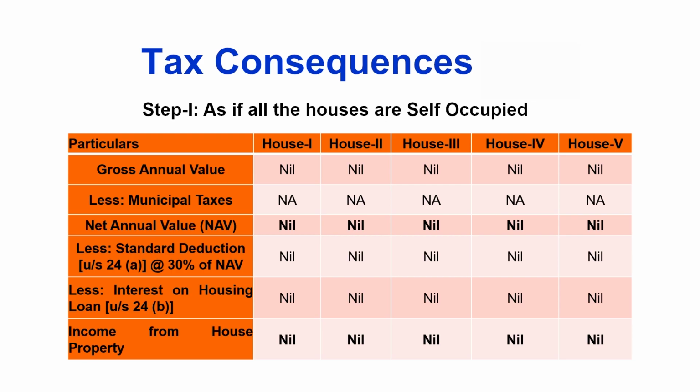Now standard deduction under section 24 subsection A, that is 30% of net annual value, is 0 for all the houses. Eligible deduction under section 24 subsection B, that is interest on housing loan, is nil for all the houses. Finally, we got income from house property for house 1 nil, house 2 nil, house 3 nil, house 4 nil, and house 5 also nil.